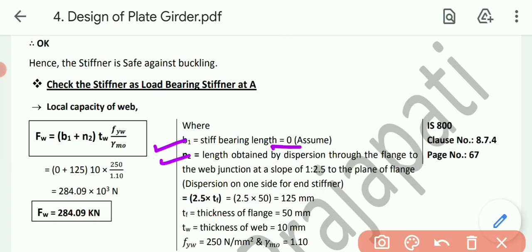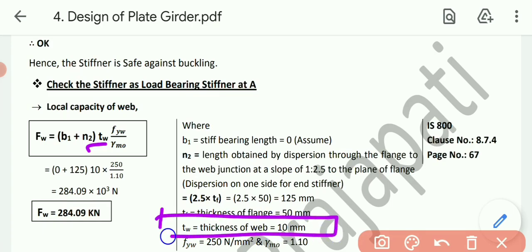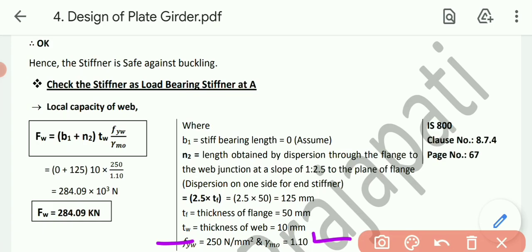N2, that is length obtained by the dispersion through the flange to the web junction at a slope of 1 to 2.5 to the plane of the flange, means dispersion on one side by the stiffener, so it will be 2.5 times TF. TF is thickness of flange, that is 50. Let's put down the value here. So answer is 125. Then TW, that is thickness of web, that is 10 mm, and FYW 250, gamma m0 1.10.